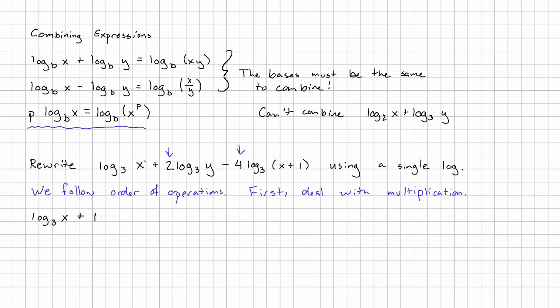Our second term becomes log base 3 of y squared. And our third term becomes log base 3 of x plus 1 all to the 4th power. And we could just leave that as x plus 1 to the 4th power. We don't have to multiply it out.